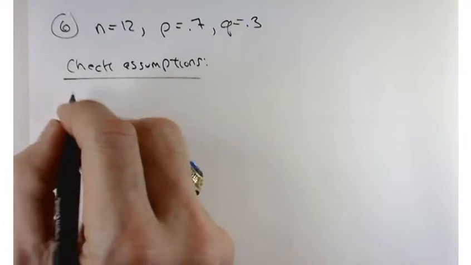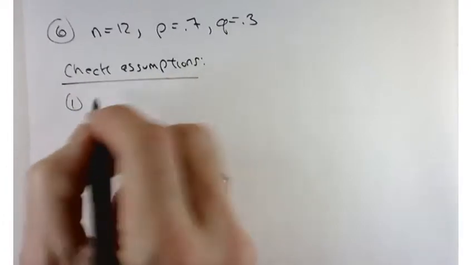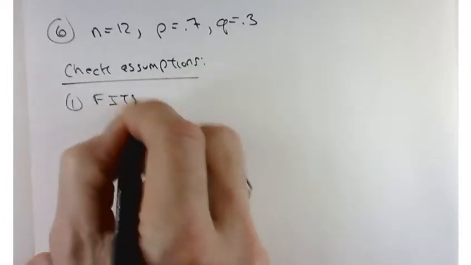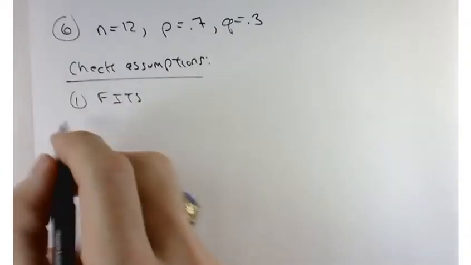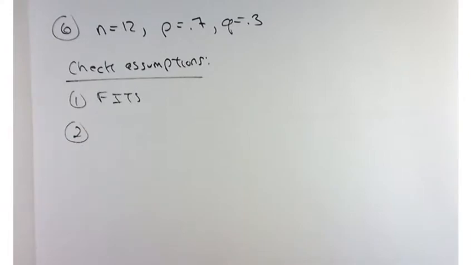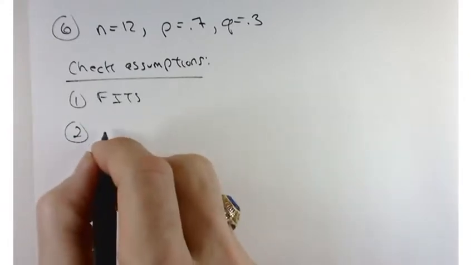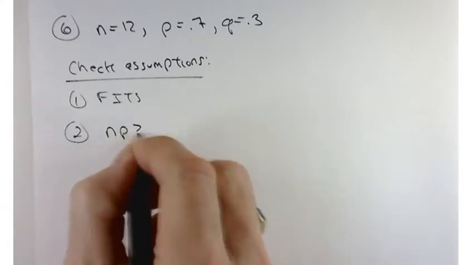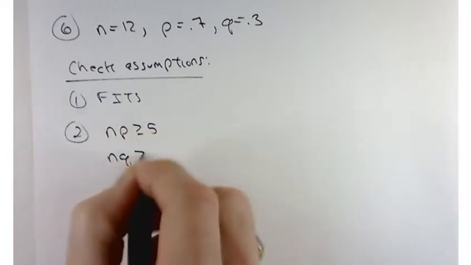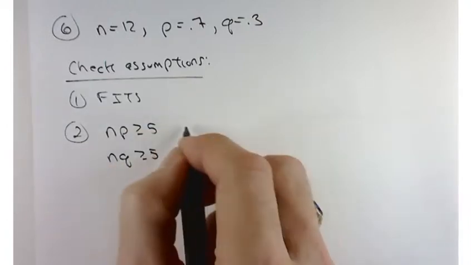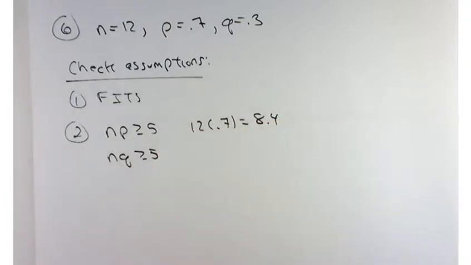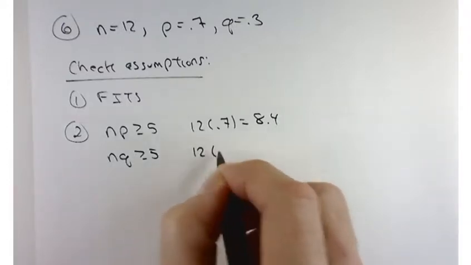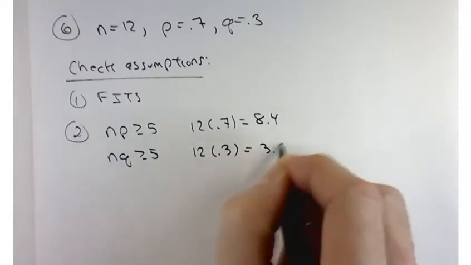First of all, we'd have to determine that it fits before we even start thinking about a binomial distribution or a normal approximation to that. But in this case, we're going to jump down to this part. We want to check that np is greater than or equal to 5 and nq is greater than or equal to 5. So 12 times 0.7, I think that's going to be 8.4. On the flip side of things, 12 times 0.3 is 3.6.